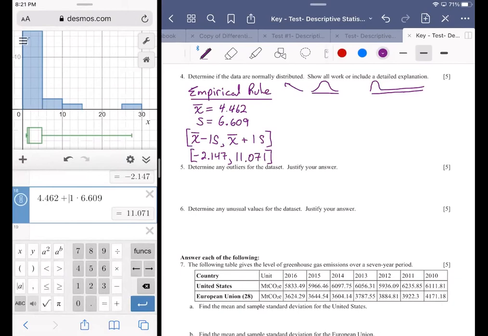And so what we do is we count up the number of values between these two numbers, and divide by the total number in the set.